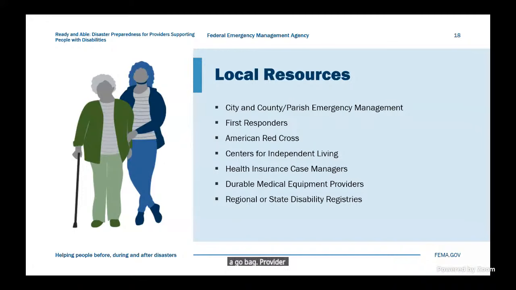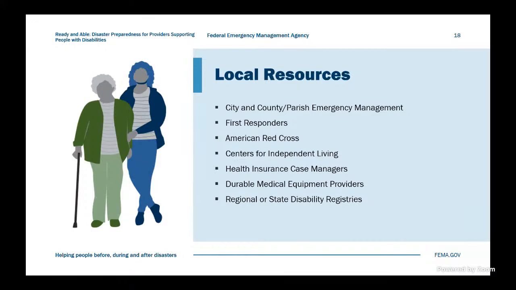So now I'm going to talk about the local resources that are available to you, and this should apply to every city, state, county, parish, territory that you all come from.